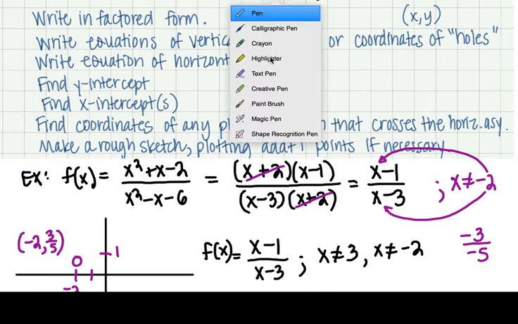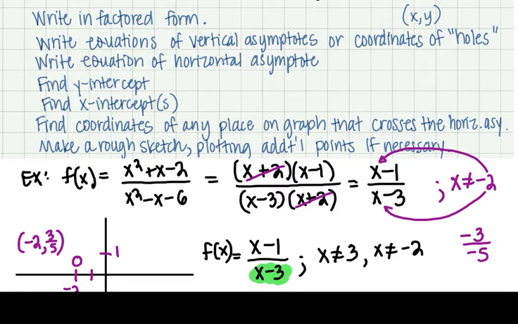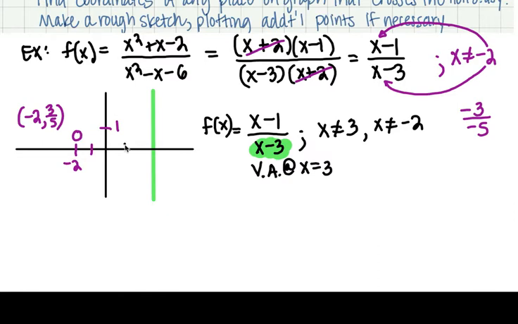This right here that's remaining is a vertical asymptote, and that vertical asymptote occurs at x equals 3. So this is a vertical asymptote at x equals 3. So it's an equation of a vertical line, 1, 2, 3, which means our graph is not going to cross that line ever. Vertical asymptotes cannot be crossed.